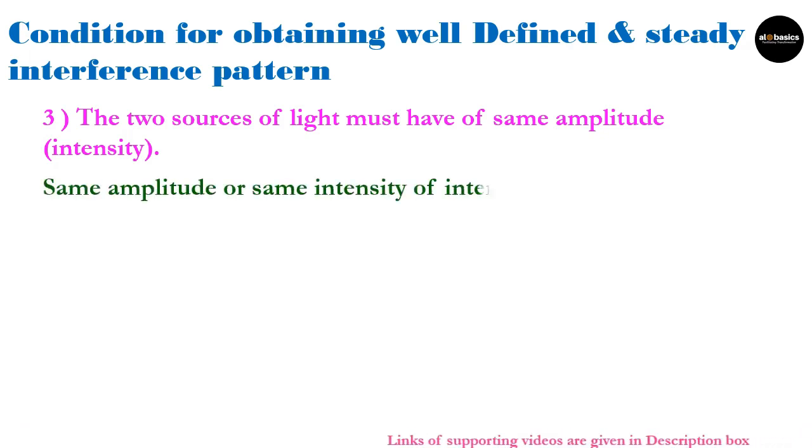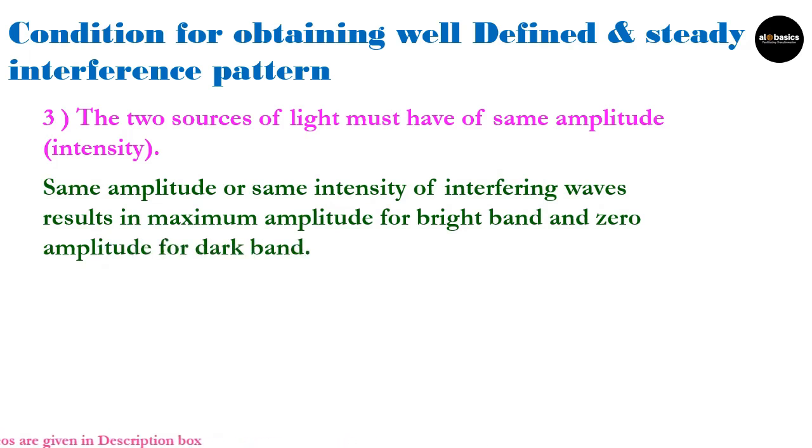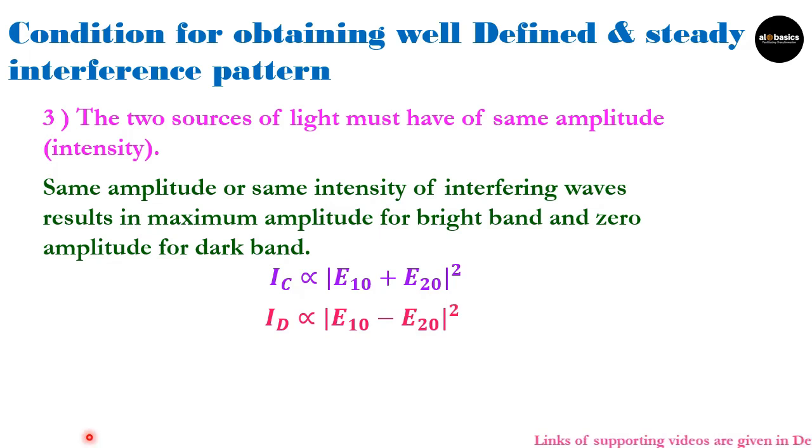And in video of intensity distribution, we have seen that for bright band and for dark band, the resultant amplitude is given by these equations, where for bright it is square of addition of the two amplitudes, and for dark band it is square of subtraction of two amplitudes.